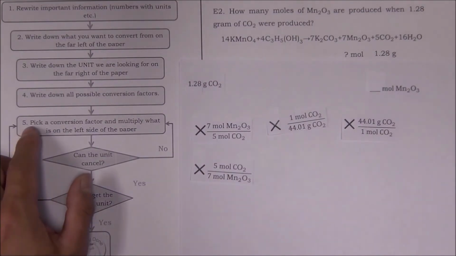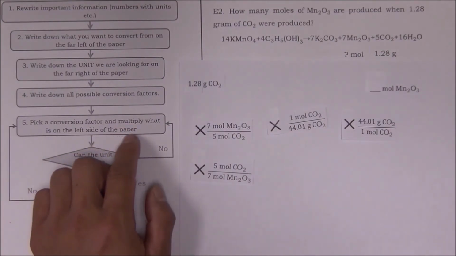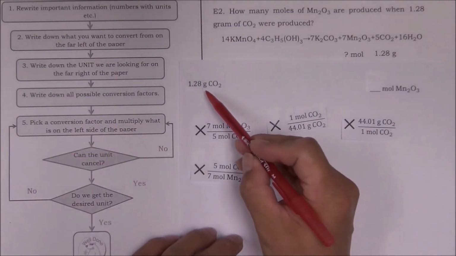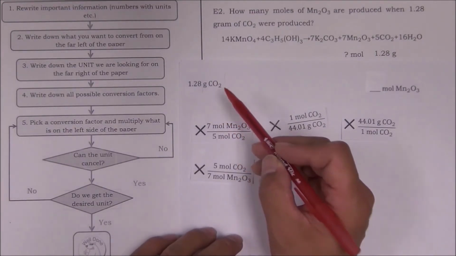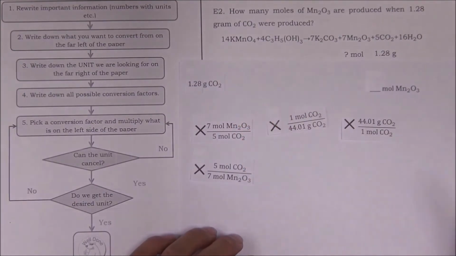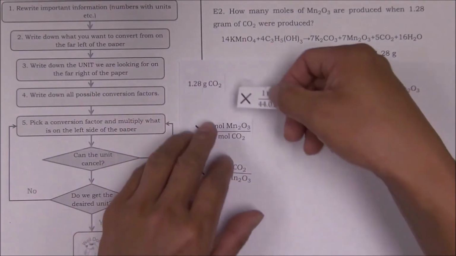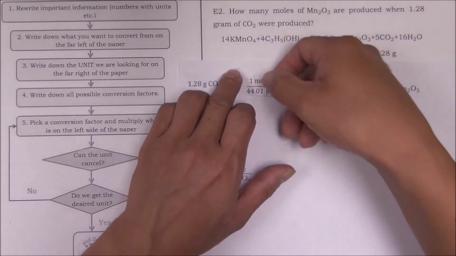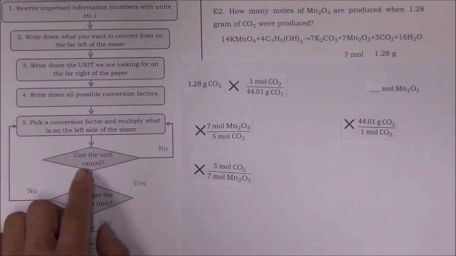Step 5. Pick a conversion factor and multiply what is on the left side of the paper. We want to cancel gram carbon dioxide. So we need a conversion factor that has gram of carbon dioxide in the denominator. So this one should work. Can the unit cancel?